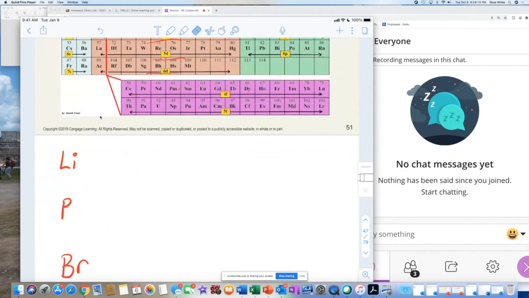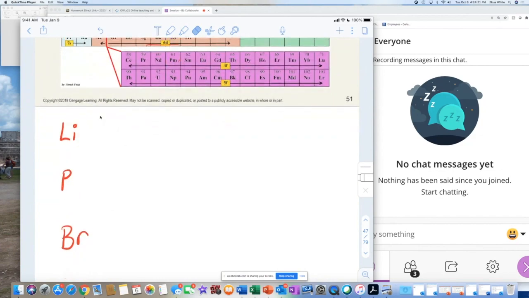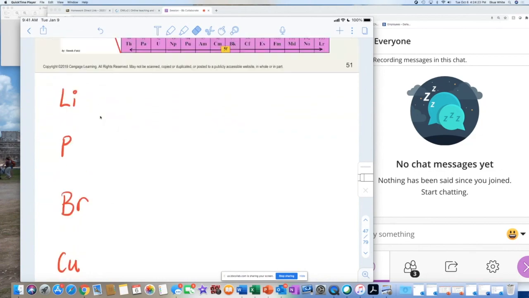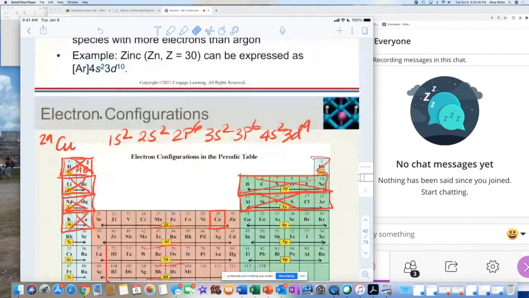This is lithium, potassium, bromine, and copper. So we're going to do the shorthand configuration. It's so much easier for me to write it up here than to go back and forth. Oh, I hope this is not freezing again. Don't freeze on me.